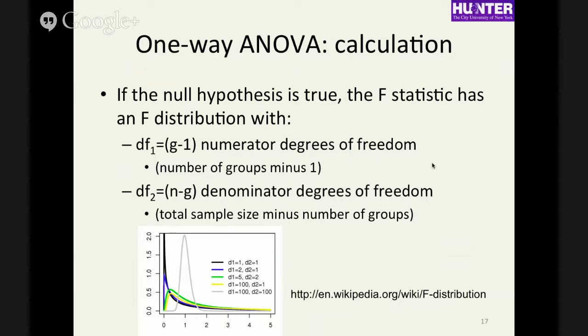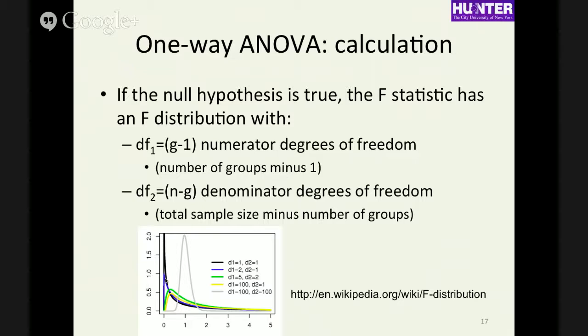Does that make perfect sense now that your numerator is the differences between the groups and your denominator is the differences within the groups? So that when you have big differences between the groups, you get a big F statistic. And that F statistic depends on your number of degrees of freedom in each.